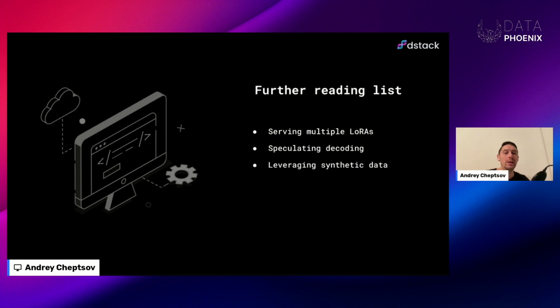For example, to create labels or to create another dataset. In this case, it's called a synthetic dataset, which means that LLMs can help you train other LLMs, which is quite a powerful thing.